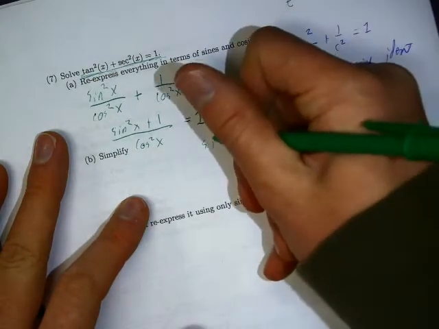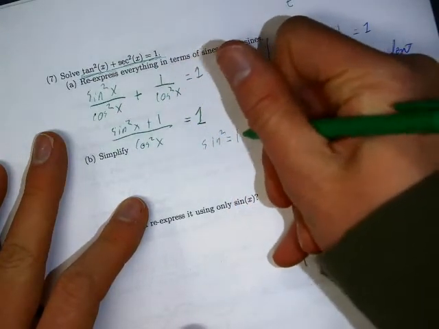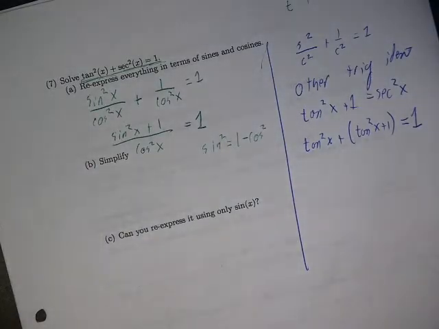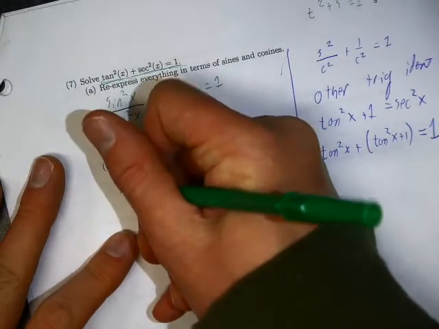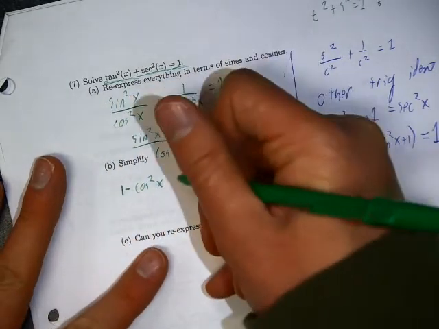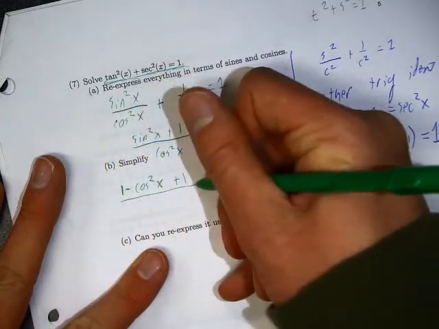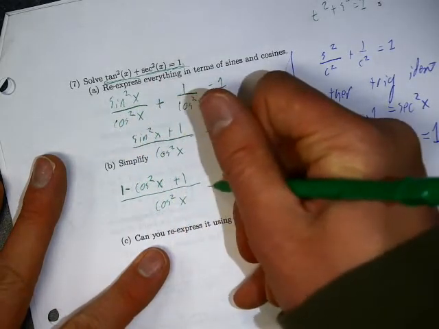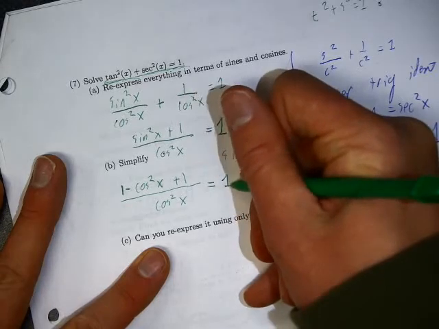Let's use the fact that sine squared is equal to 1 minus cosine squared. So I can rewrite the numerator as 1 minus cosine squared x plus 1 over cosine squared x equals 1.